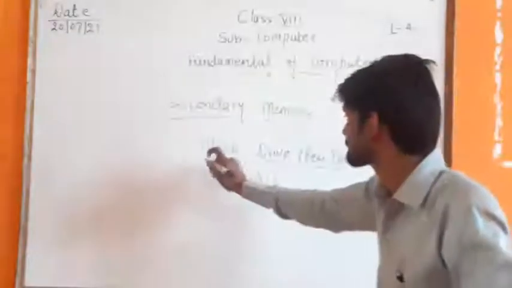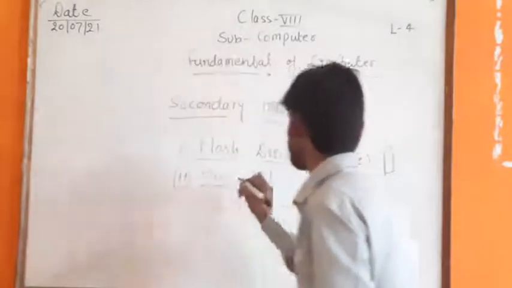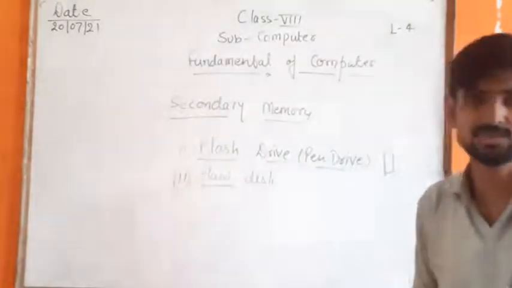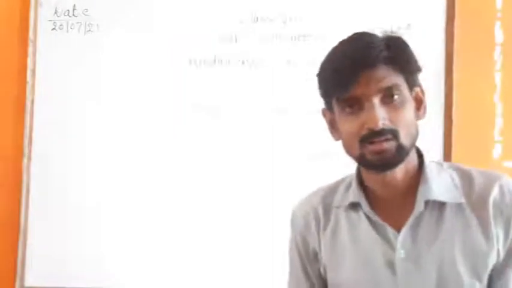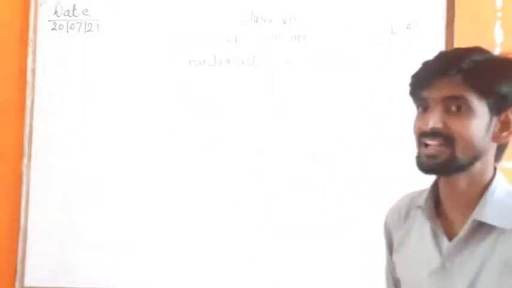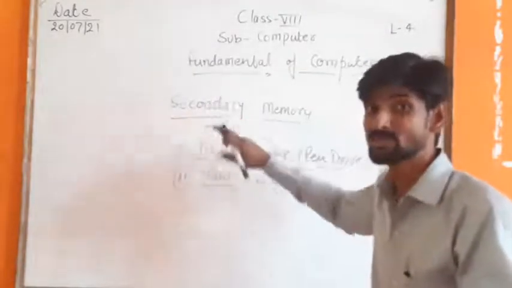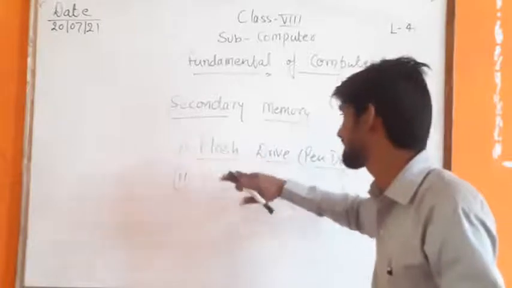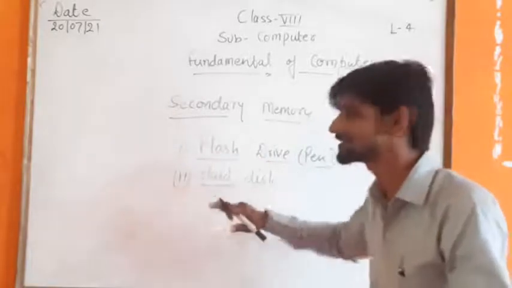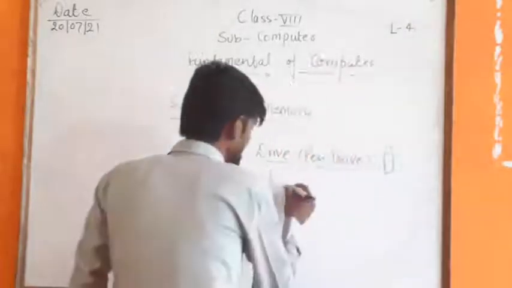So the first one is the flash drive. The second one is the hard disk. It's mostly used in a computer system, and it's a permanent memory. All the secondary memory are permanent. The flash drive is also permanent memory and the hard disk is also a permanent memory.